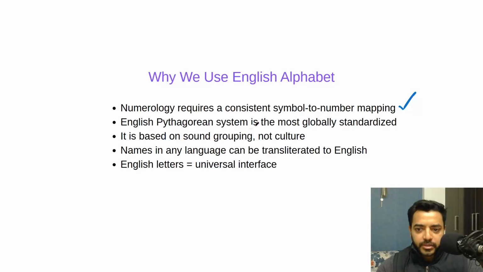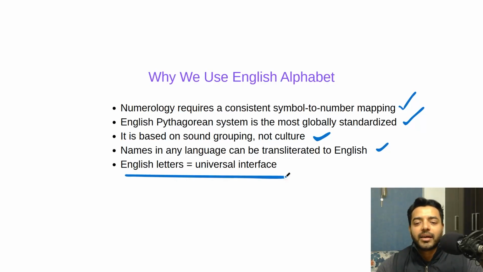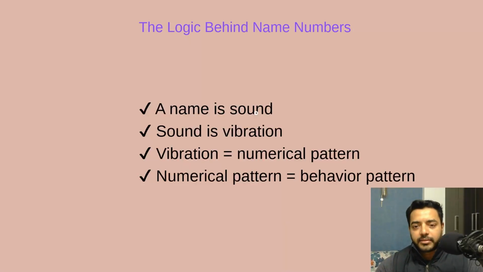And English Pythagorean system is the most globally standardized. It is based on sound grouping, not culture, and names in any language can be transliterated to English. So if there is a name in a different language, you can write it in English. And English letters are a universal interface. English is used in most of the countries as a business language or a native language. So we use English alphabet only. We do not use Tamil, we do not use Greek, and things like that.